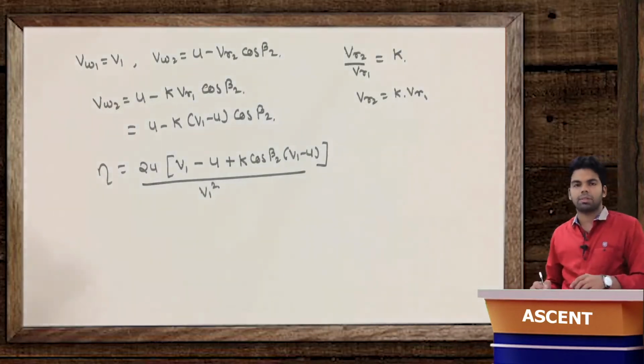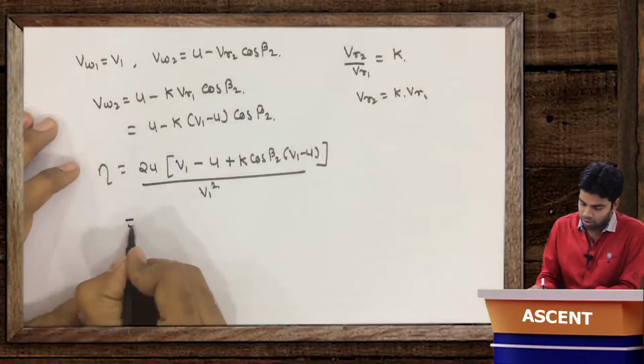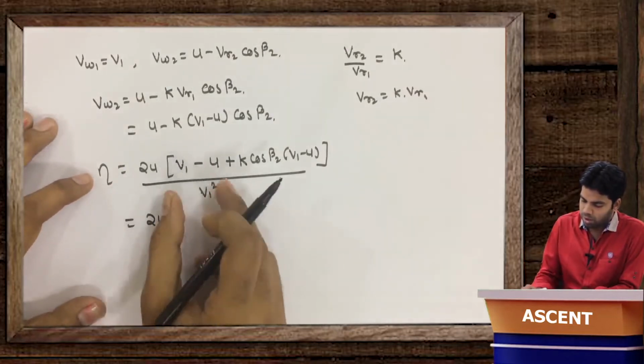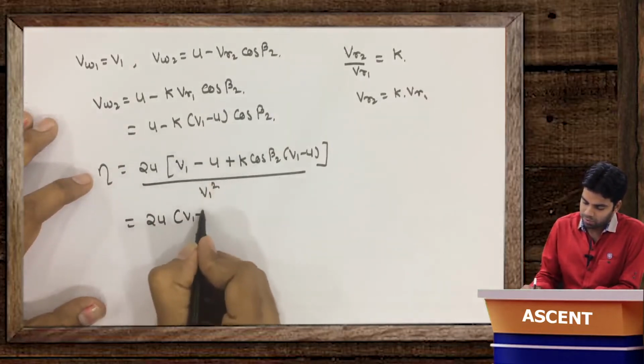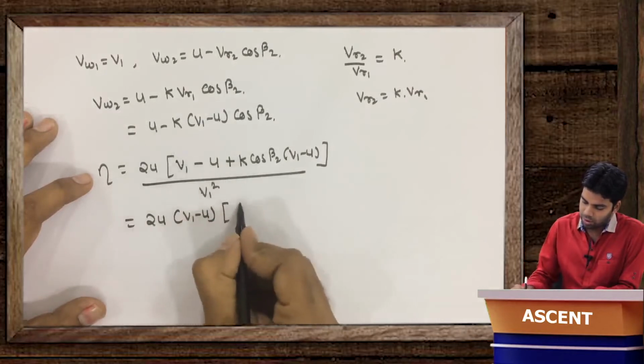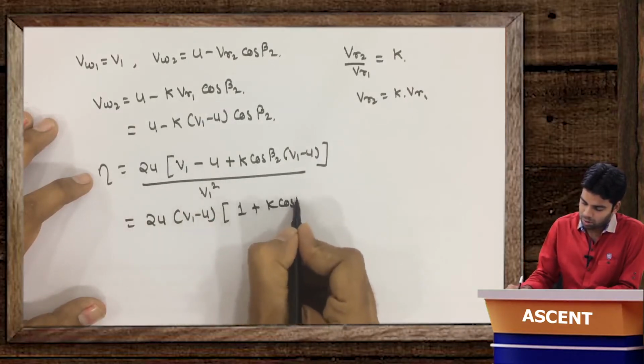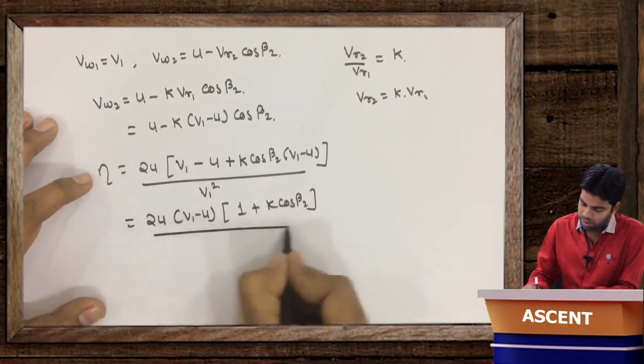This is nothing but efficiency. Now further this can be written as: 2U, take (V1 minus U) as common, so this will be (V1 minus U), and inside we will get (1 plus K cos beta 2), divided by V1 square.